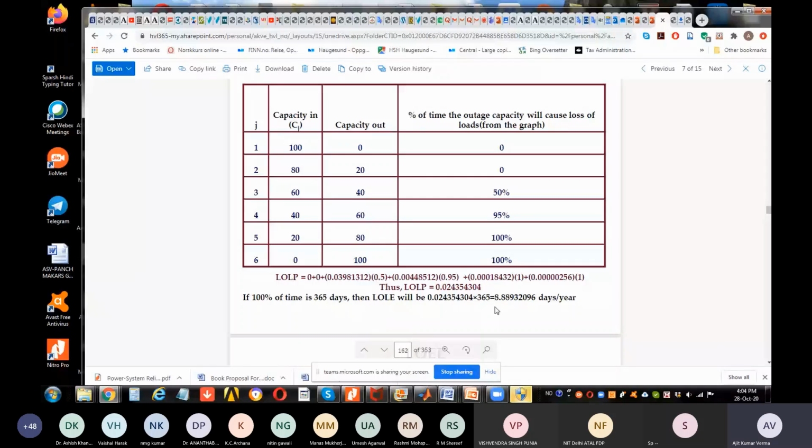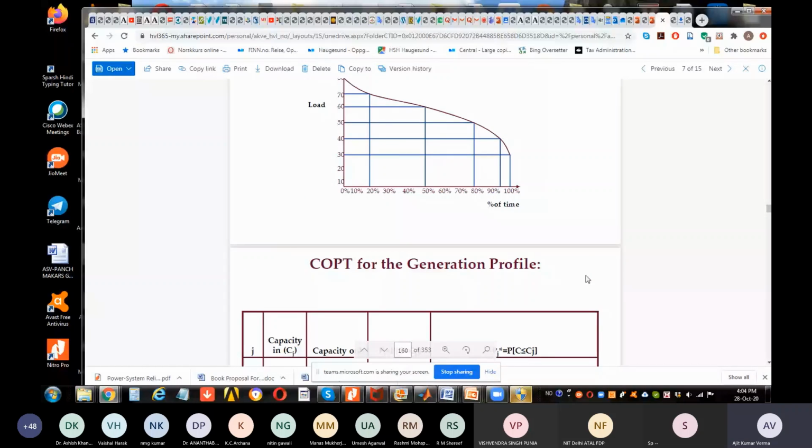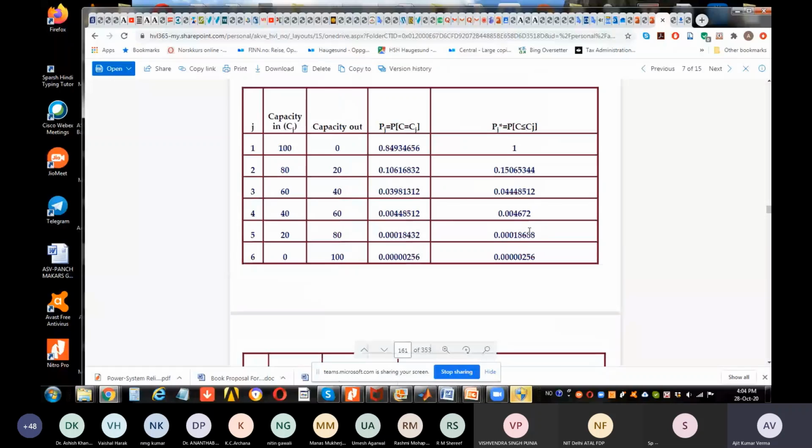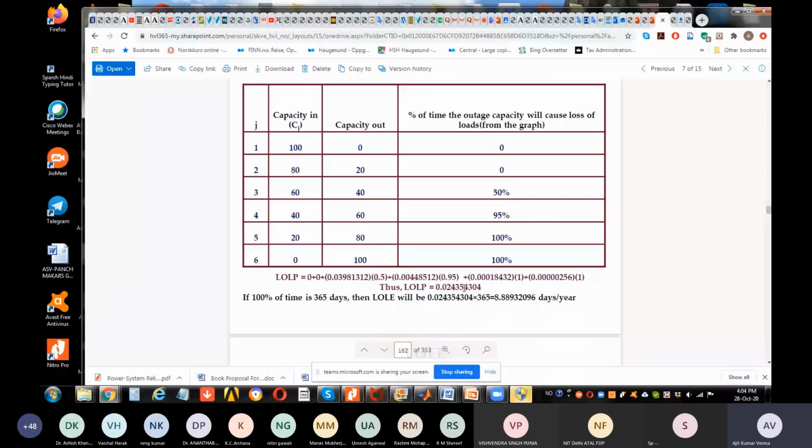The capacity which is available will not be able to meet the load which is there. So if you have the load profile and you have the generation profile, then you can find out the loss of load probability and loss of load expectation. Now these numbers may not mean much, but when you multiply it by 365, it tells you the days in a year approximately for which the load will not be met.